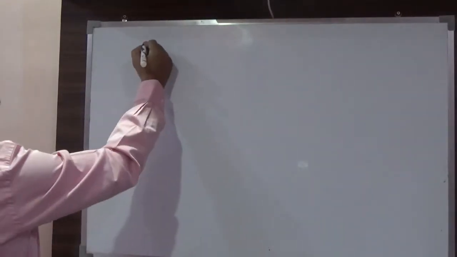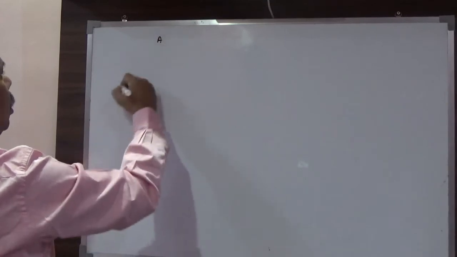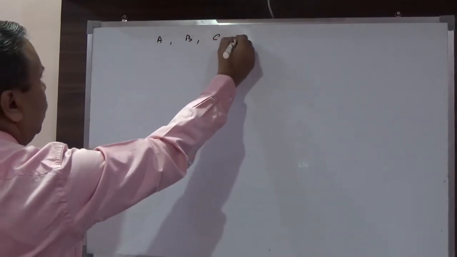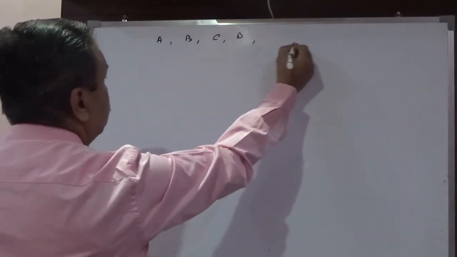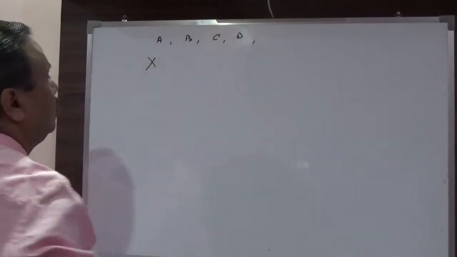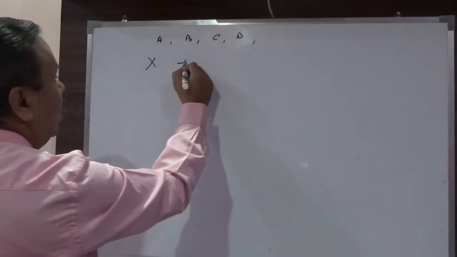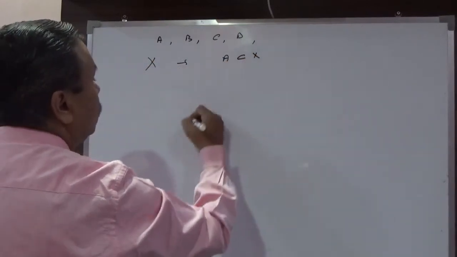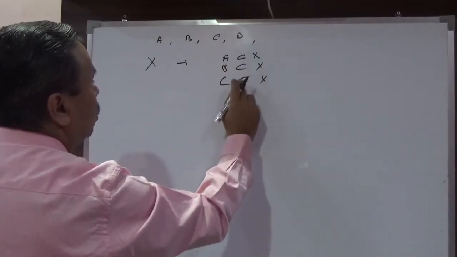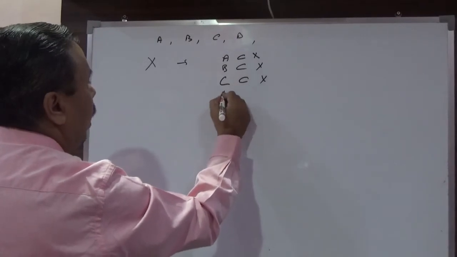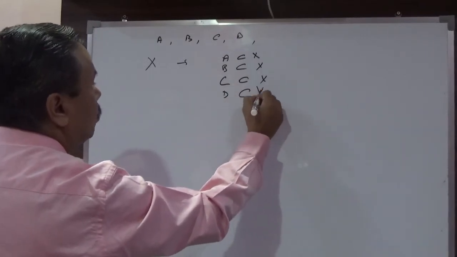Suppose you are given some sets A, B, C, D, and there is one set X such that A is a subset of X, B is also a subset of X, C is also a subset of X, and D is also a subset of X.